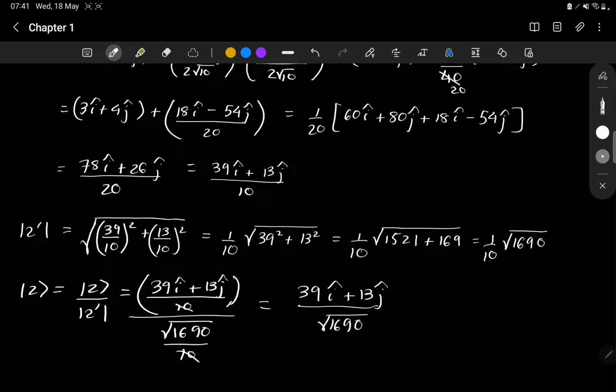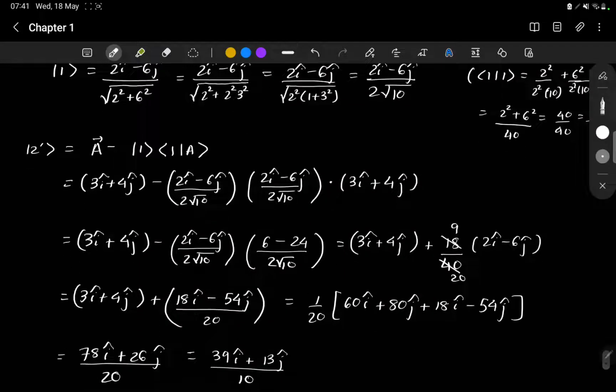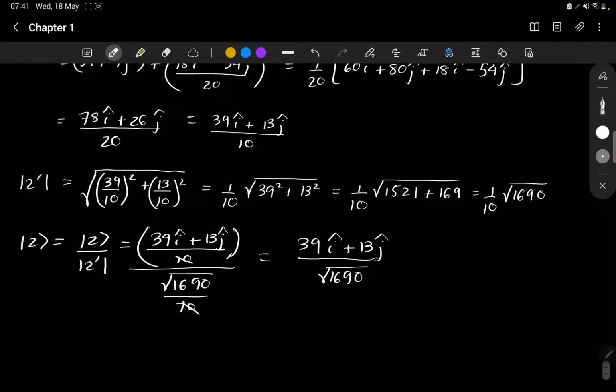So we have obtained another set of orthonormal basis vectors 1 and 2. I will rewrite them again over here.